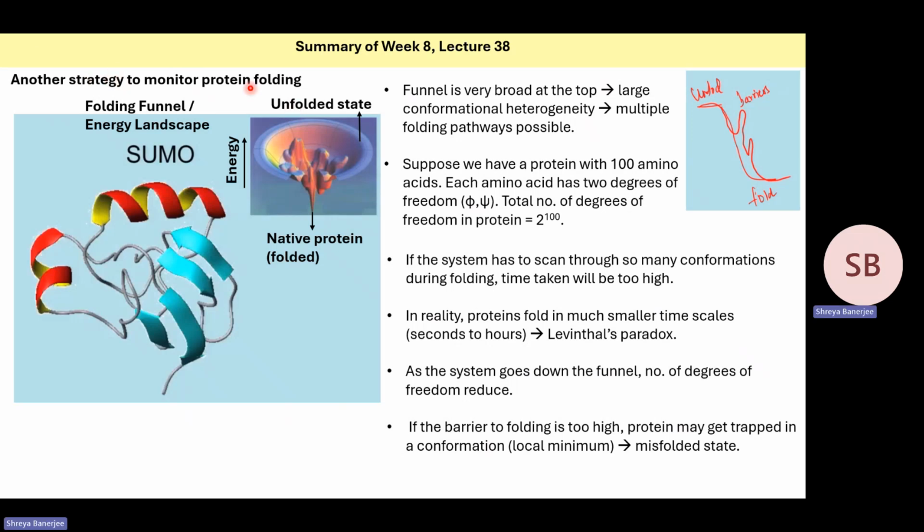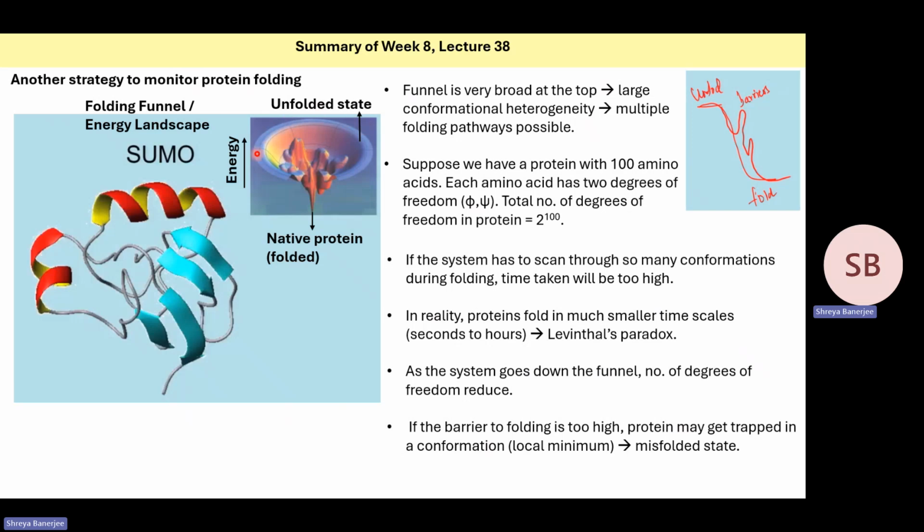Right. There is another way to monitor protein folding, and this is called the folding funnel or energy landscape. So basically, along the z-axis, you have energy, and along the x and y axis, you have different coordinates.